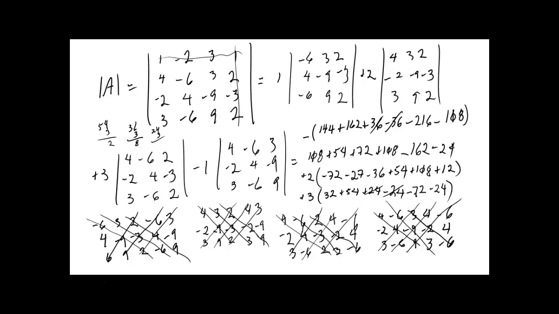I don't know if your calculator has to do with times or not. 32 plus 54 minus 72 minus 24. Close parentheses. Now I'm going to do this one without parentheses. Minus 144 minus 162 plus 216 plus 108 equal.